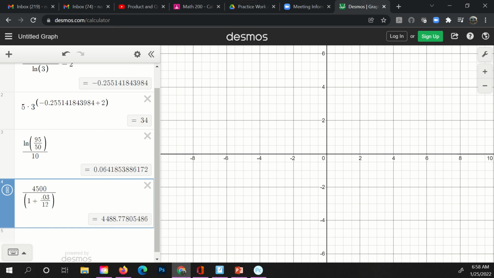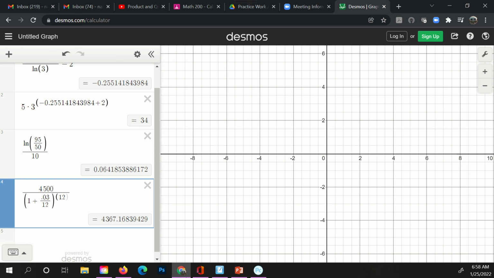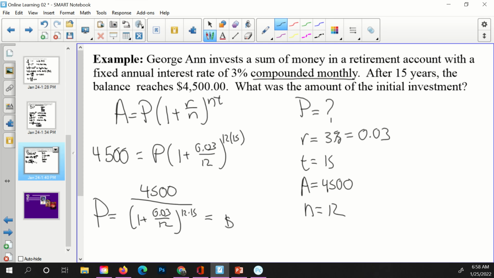We will close that parenthesis, and then we will raise that, and we need parentheses to do the multiplication, 12 times 15. And so our initial amount is 2,870.94. It's dollars. 2,870.94. All right, that's all I have for today, folks.